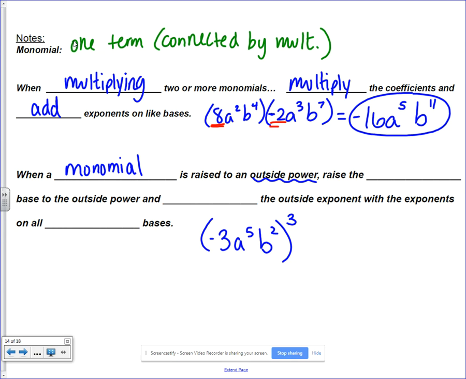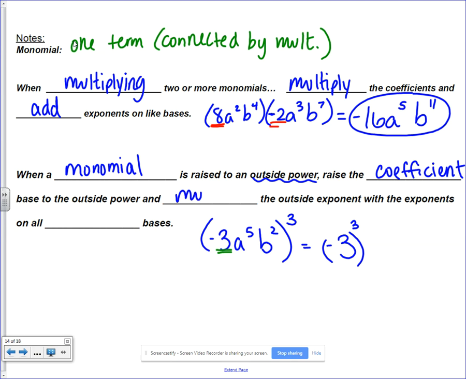Do you agree that it's raised to an outside power? Okay, so when we have this, we're going to raise the coefficient to the outside power. Folks, what part of this is the coefficient? The -3. So we're going to take this -3 and we're going to raise it to the outside power.